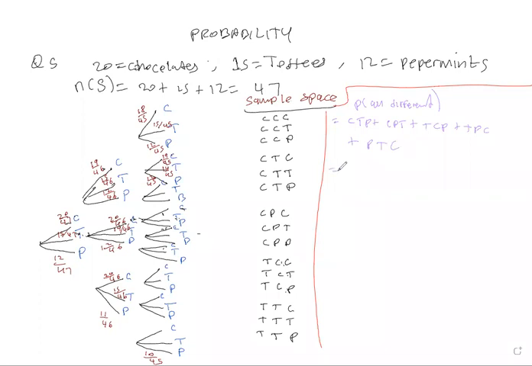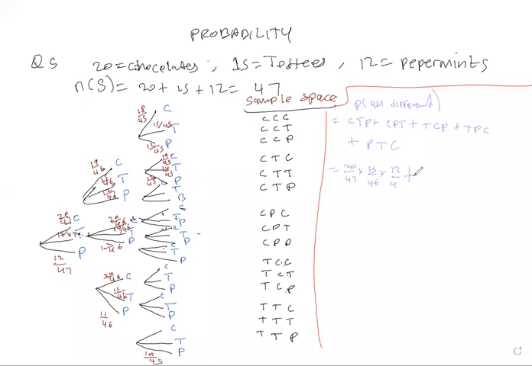And these are products, isn't it? These are products. It means you have 20 over 47 times 15 over 46 times 12 over 45. Then you go to plus now.